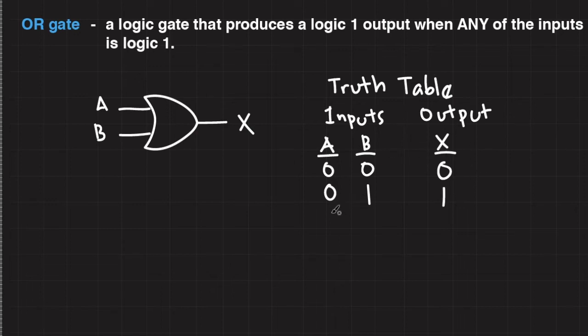If A is logic 1 and B is logic 0, then again, its output will be logic 1. And finally, if both A and B are logic 1, then its output is logic 1. The operation of OR gate can be represented by X equals A or B.